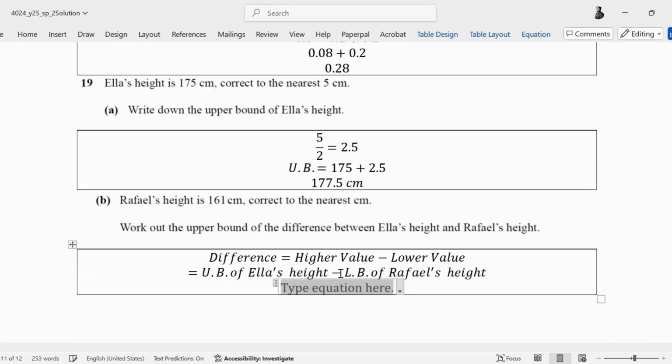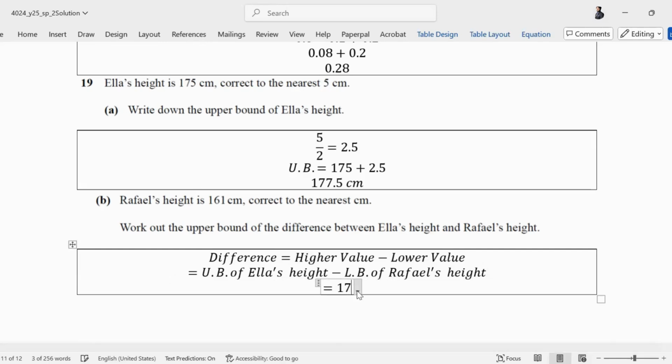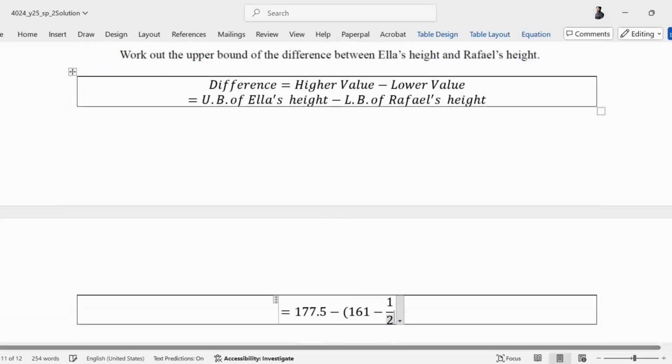So I want the first value to be as high as possible and the second to be as low as possible. Upper bound of Ella's height is 177.5 minus lower bound of Raphael, which means I'll subtract 1 centimeter divided by 2.